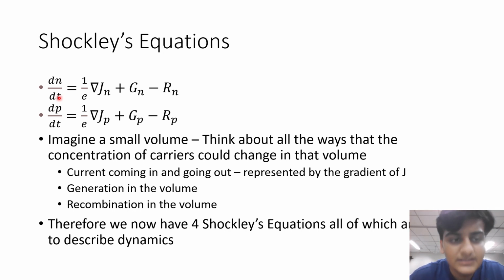Now, let's consider the ways that they can change, right? You have a certain number of electron hole pairs already inside this unit volume. How is it possible for it to change? It's possible for it to change in 3 ways. Either it increases because of generation.